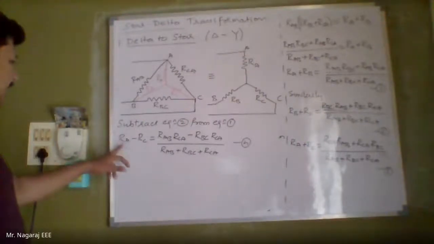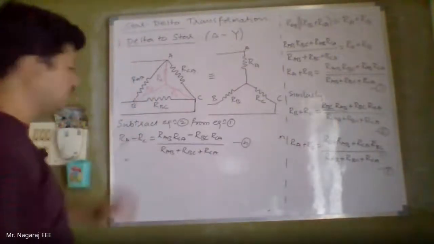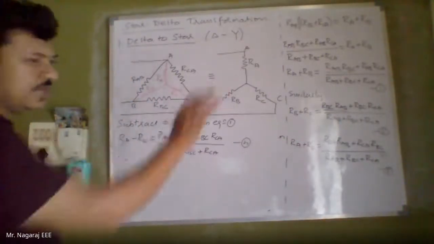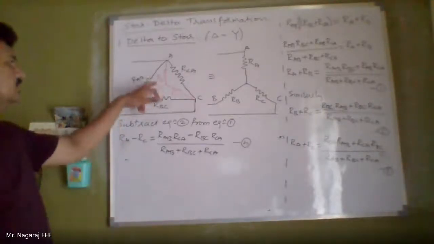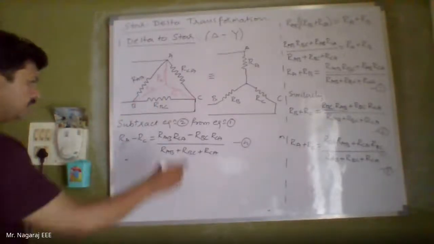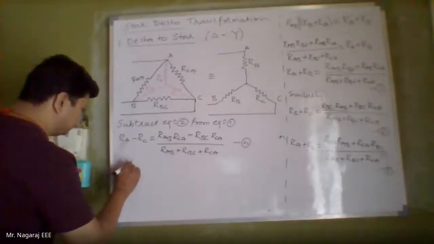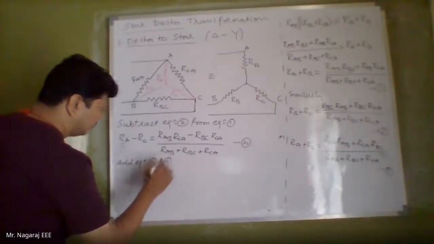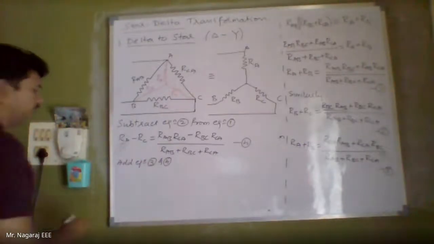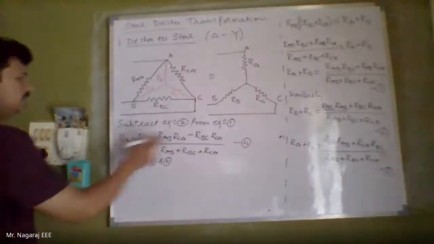Now it is RA and RC. If I add equation 3 and equation 4, on the LHS RC will be eliminated. I get it in terms of RA, so purely I will get the resistance RA from that equation. Add equation 3 and 4. We get RA minus RC plus RA plus RC. RC will cancel.